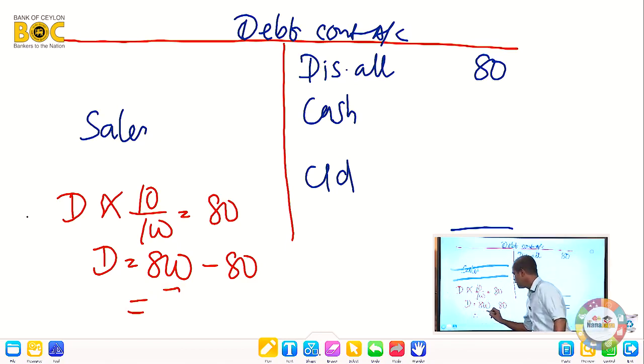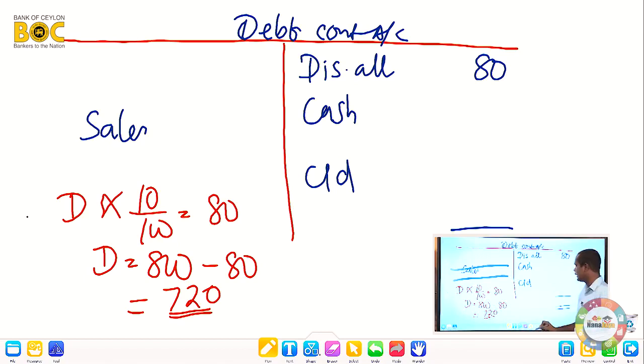So how much you collected? You have collected 720. The cash collection is 720.